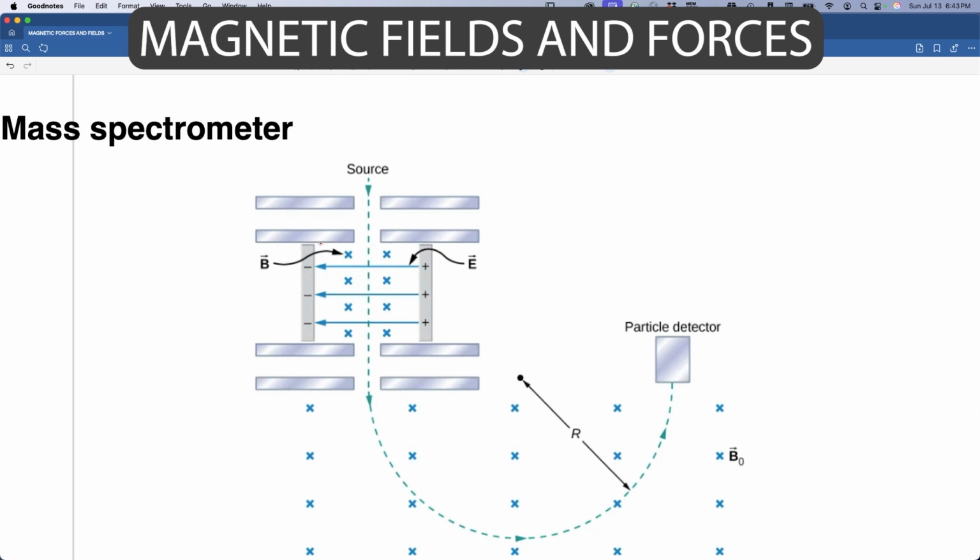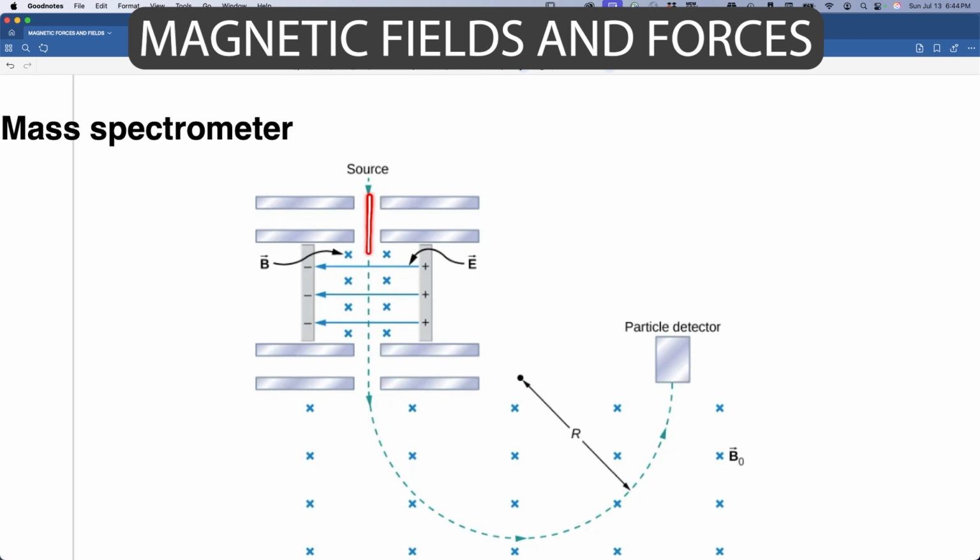But they then have to pass through an area where you have both an electric field and a magnetic field. But these fields are set up perpendicular to each other. Alright, so you see that the electric field is from right to left, while the magnetic field is, what does the X show? Into the plane of the paper. So they are perpendicular to each other.